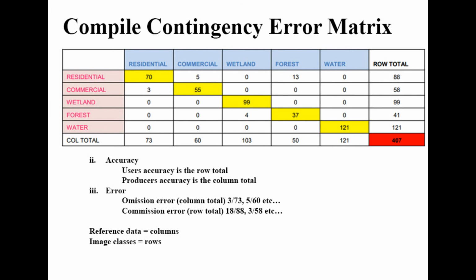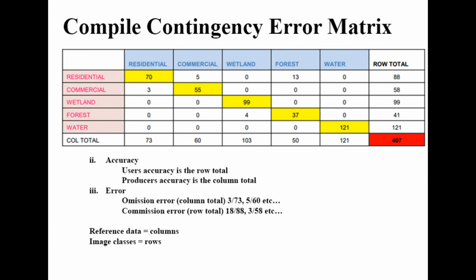And on the commercial side, which is the second column, I have accidentally misrepresented 5 buildings as residential when they're meant to be commercial. So that's the omission error, which is again column totals. And then you have the commission total, which is again the rows. So commission is rows, omission is columns. The reference data is the columns and the image classes is the rows. The reference data should be right, and the image classes should be as close as possible to that.